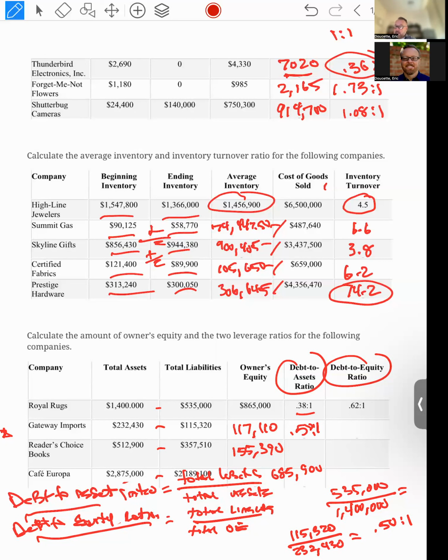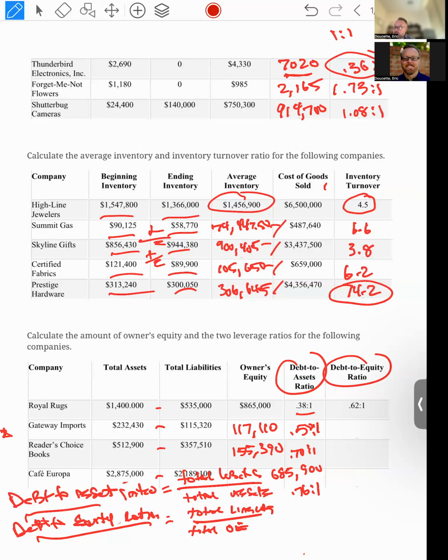Then the third one, I would use the same formula, dividing total liabilities by total assets, and that comes out to 70 cents for every dollar. And the last one, 685,900, comes out to 76 cents of debt for every dollar of asset. All right, so that's the debt to asset ratio.